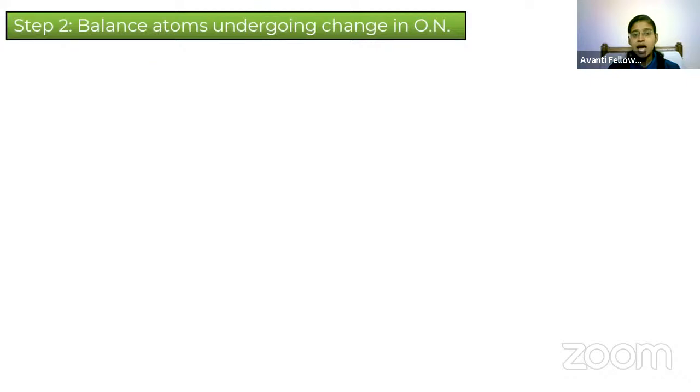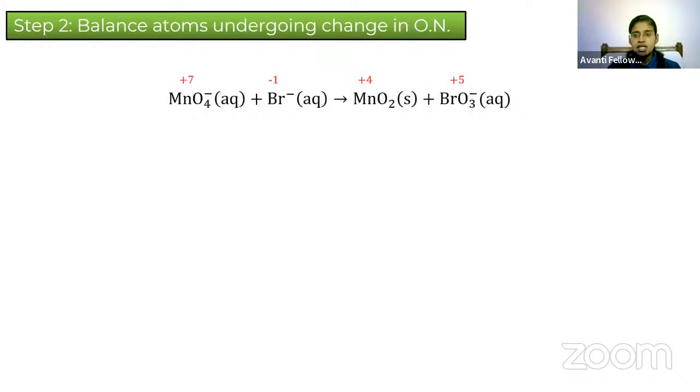Then in the second step, we balance the atoms undergoing change in oxidation number. Manganese and bromine are the two atoms undergoing change in oxidation number. In the reactant side we have only one manganese, and in the product also only one manganese, so it is balanced.